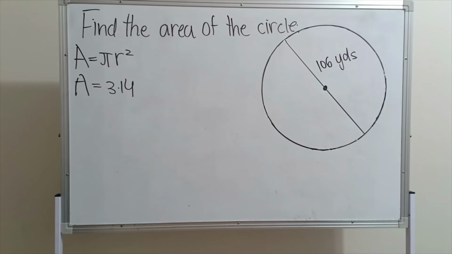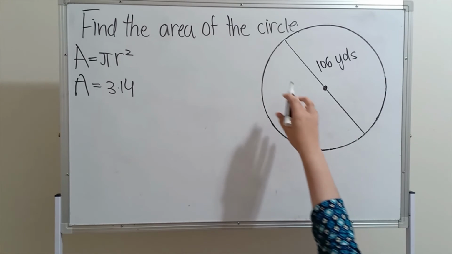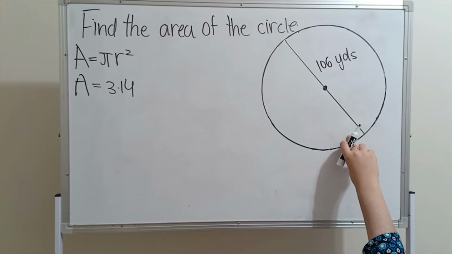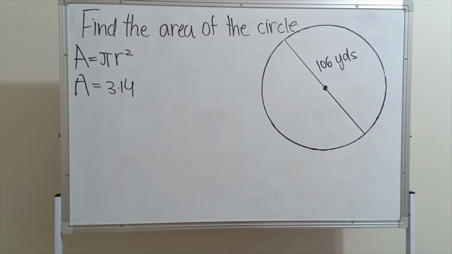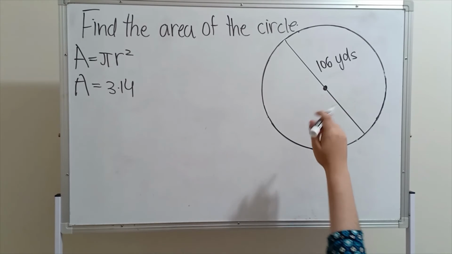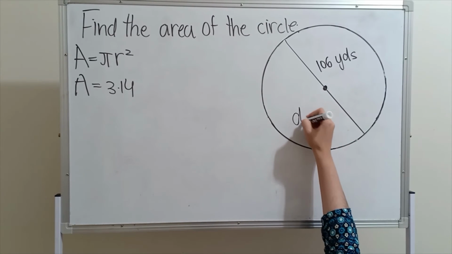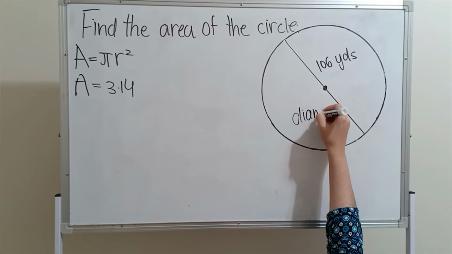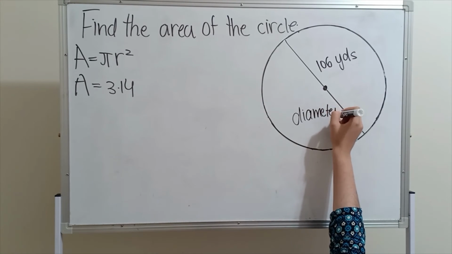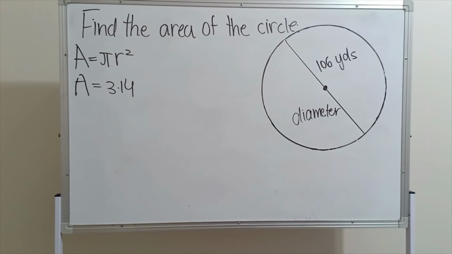Well, let's look at the diagram, and we can see that there is a whole line passing through the circle. So we know that the number we are given is the diameter. So this whole line represents a diameter, as we said, and the d, the diameter of the circle, is 106 yards.